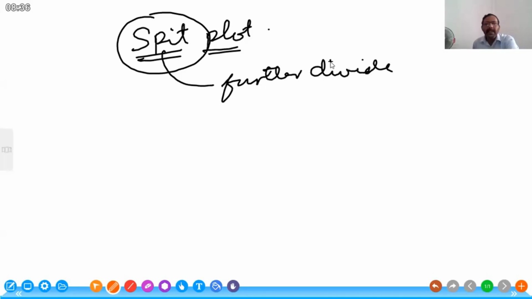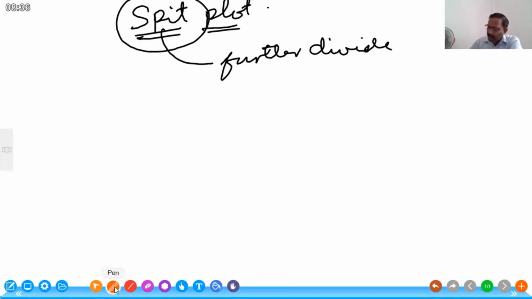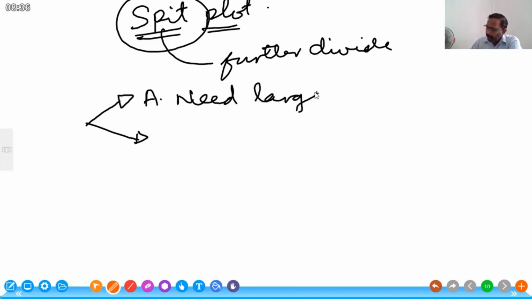So normally this split plot design is applied in a situation where, let's say, one factor needs a large plot, and another factor can be used in a small plot.